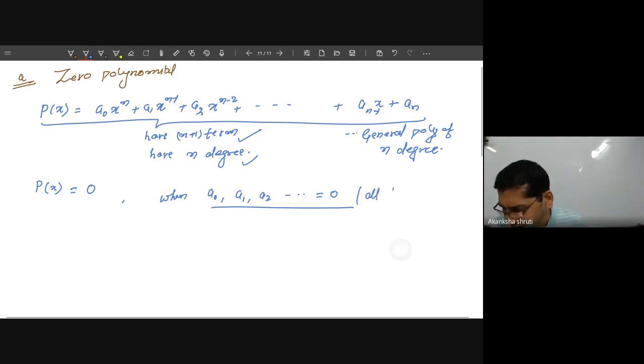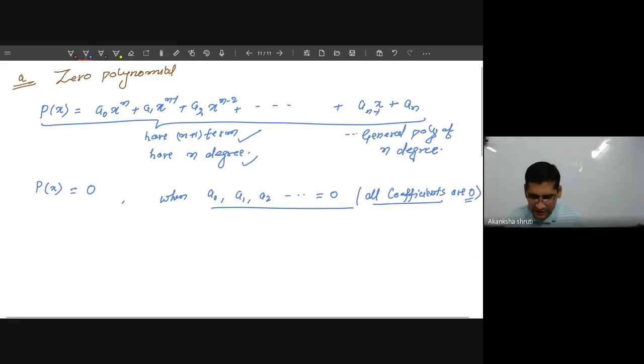It means that all coefficients are 0. Students, when all the coefficients are 0, there will be nothing. The first term will be 0 plus 0 plus 0 plus 0, how many times? Up to n plus 1 times. Ultimately, adding any number of 0s, you will get 0 only.